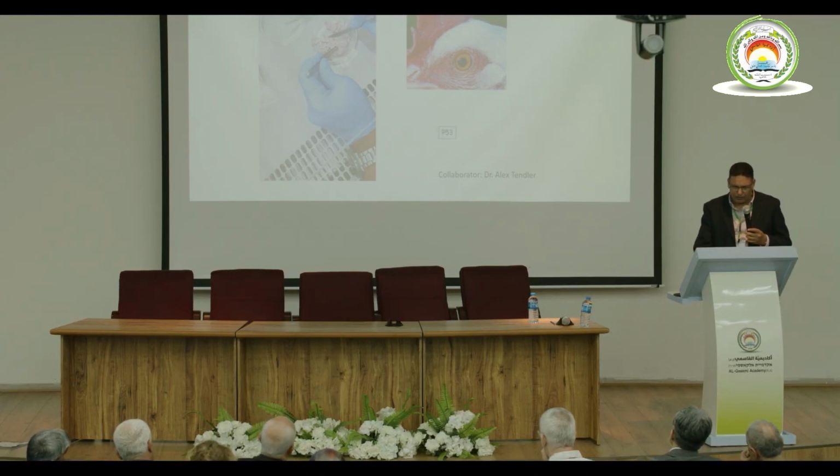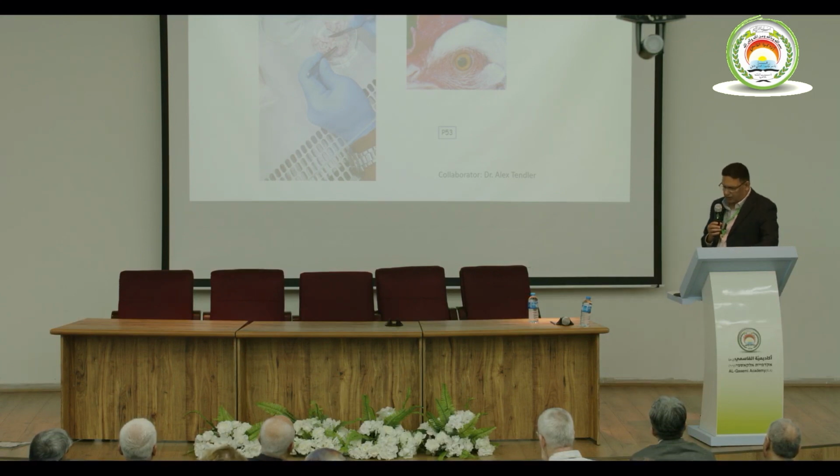And we have found, for example in the cornea of the chicken, that they have a tumor suppressor gene, p53. It's a very well-known protein called the guardian of the genome, which prevents cancer from occurring in cells.